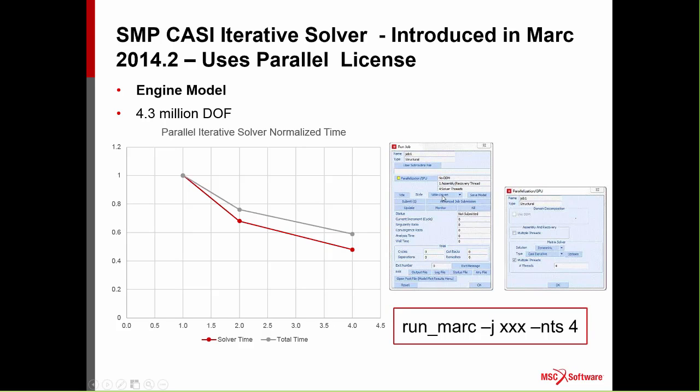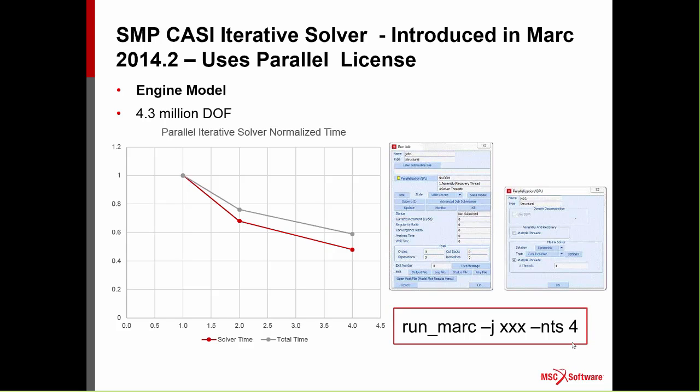And we can activate it directly through Mentat by saying that we want to use parallelization in the CASI solver, or we could introduce it directly through the command line using -nts.